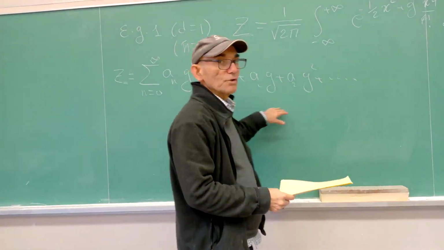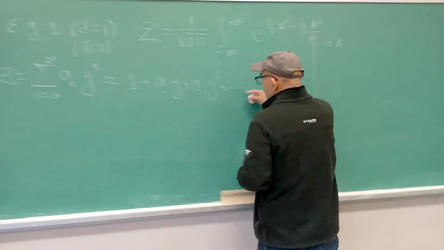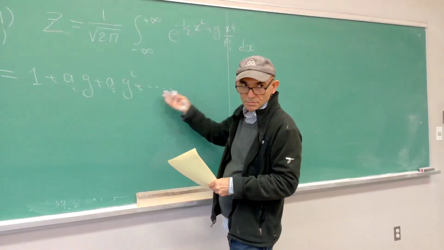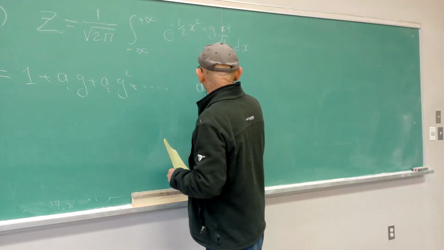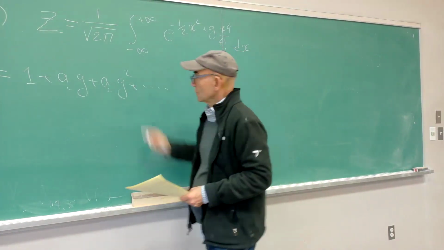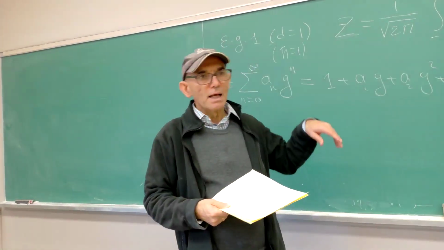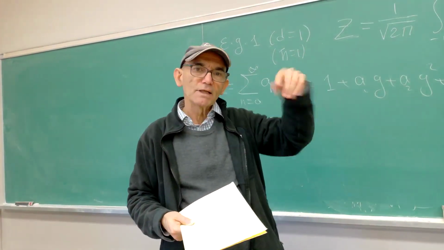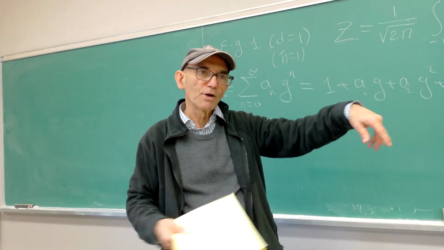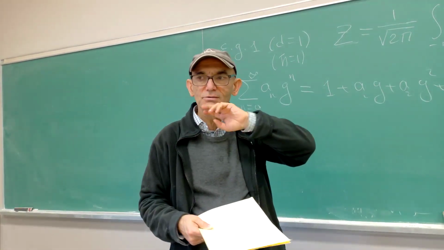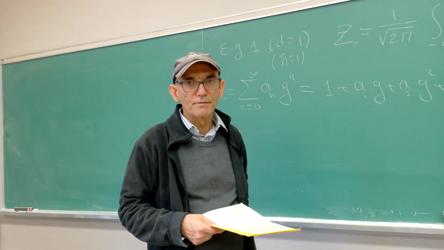The question is, what are these coefficients a_i? This is a lucky situation because we can compute the a_i by hand, and then compare with the result that you get if you apply Feynman's theorem, and we'll see whether they match or not. That's the example we want to do now.